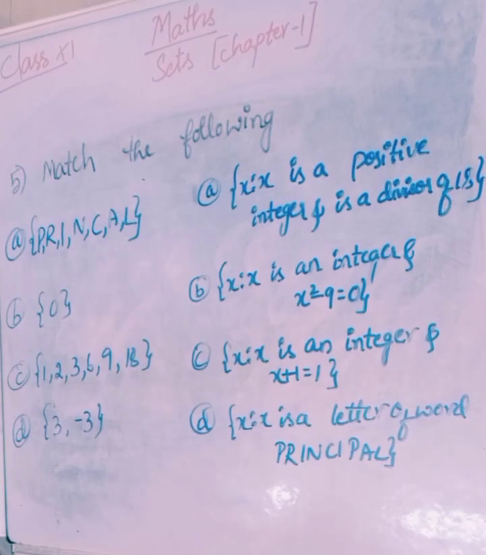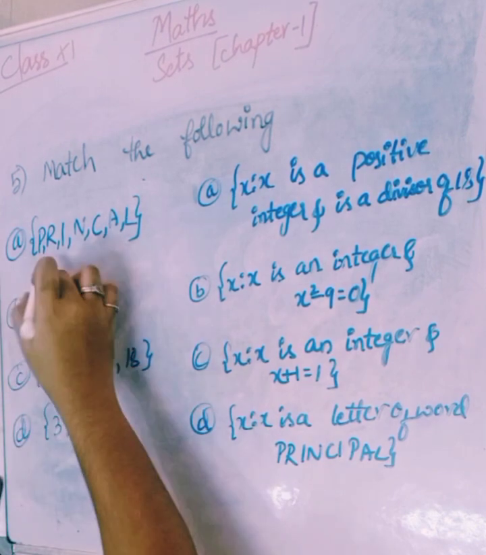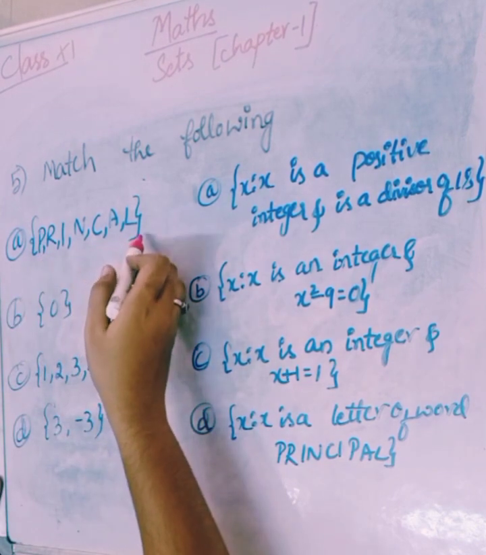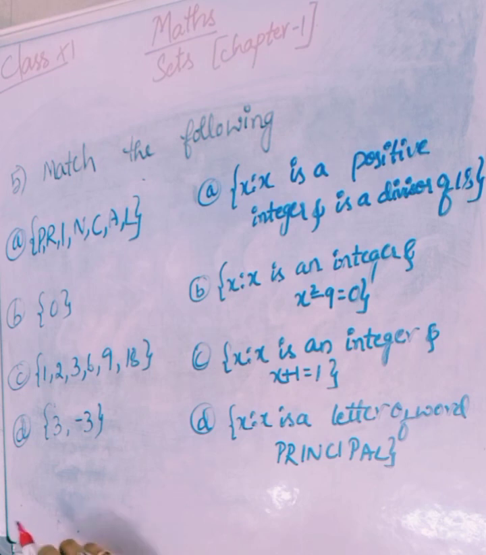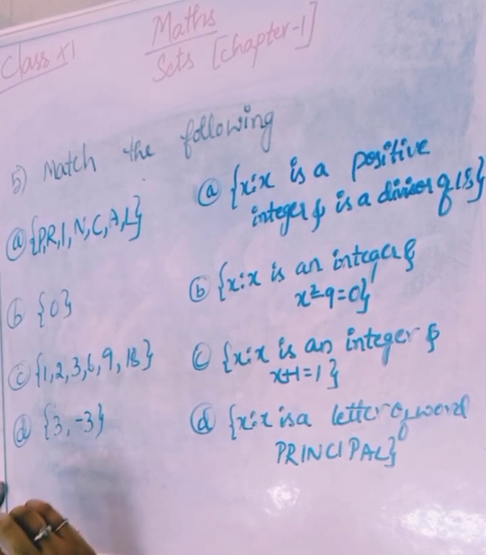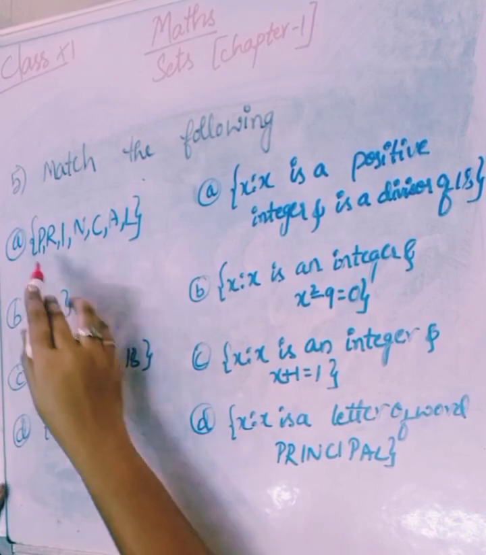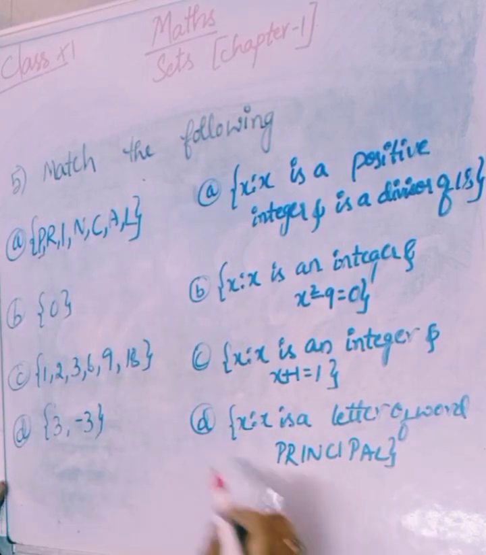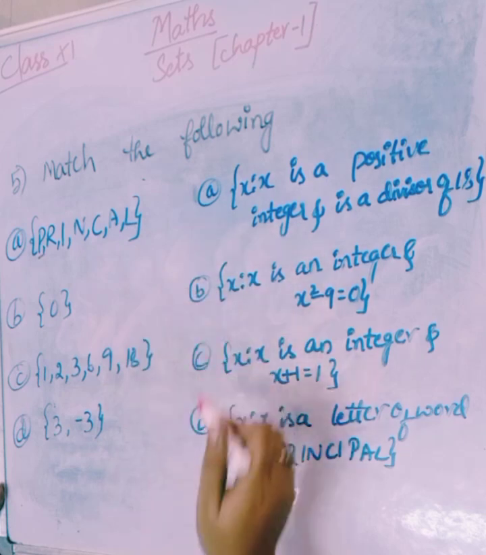Okay, next example, match the following. So the first one we have, PRINCIPAL. Is it principal? Because what is the spelling we have? PRINCIPAL. Is it right? So here we have P. We need to check where we have principal.